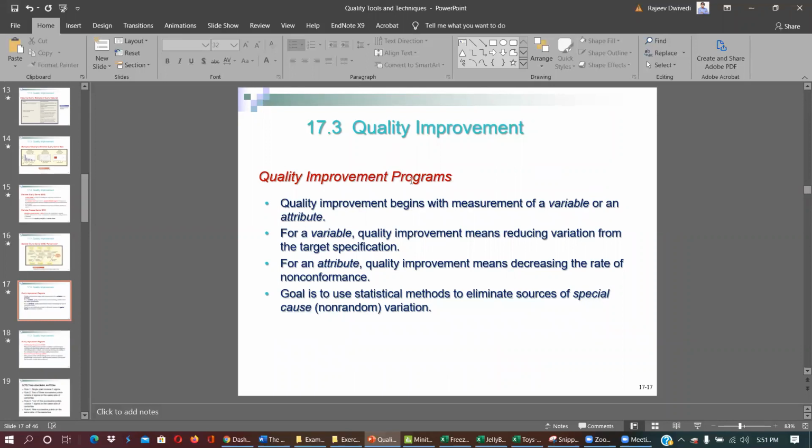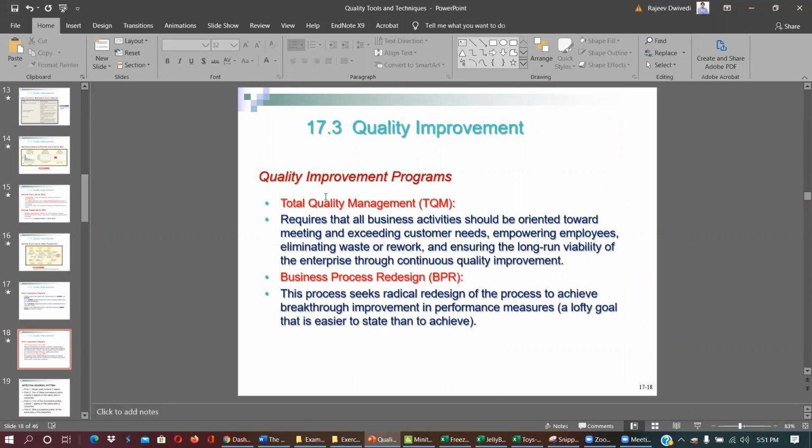So again, few things. Now total quality management means quality in everything. That is another subject itself in operations management, TQM. TQM is not only in processes, in man, machine, in all the aspects, that all business activities should be oriented toward meeting and exceeding customer needs, empowering employees, eliminating wastage or rework, and ensuring a long run viability of the enterprise through continuous quality improvement.